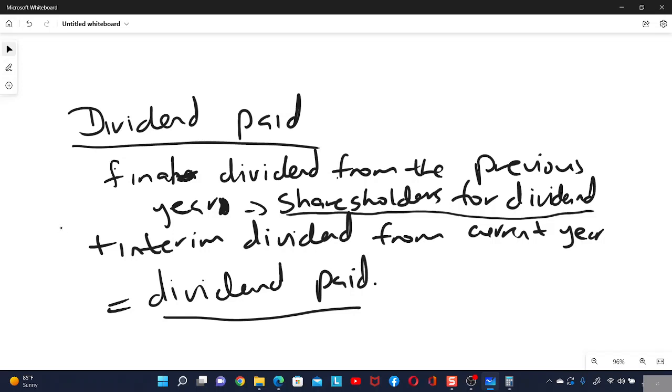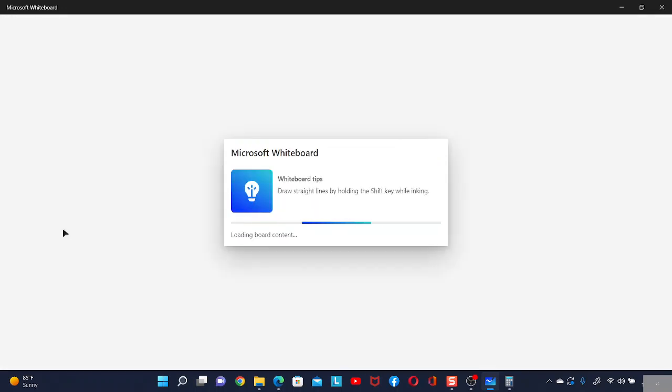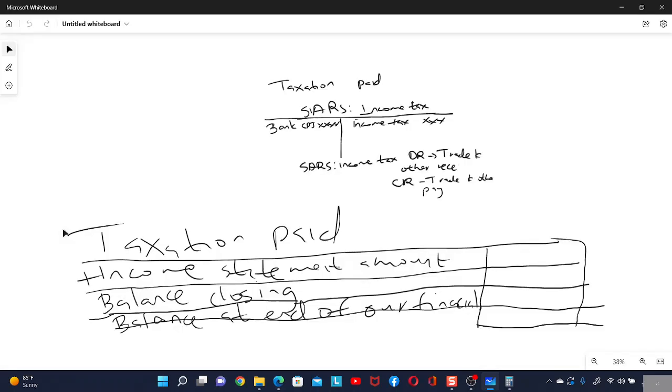And then the other one is the tax. So the other one is the taxation paid.